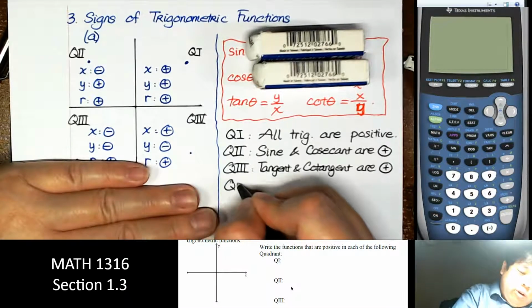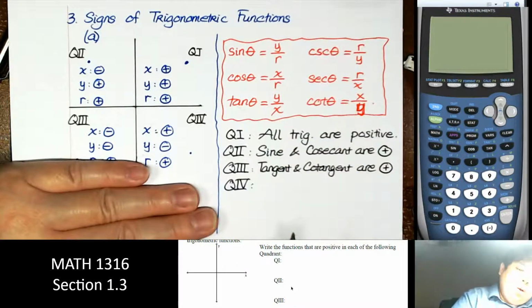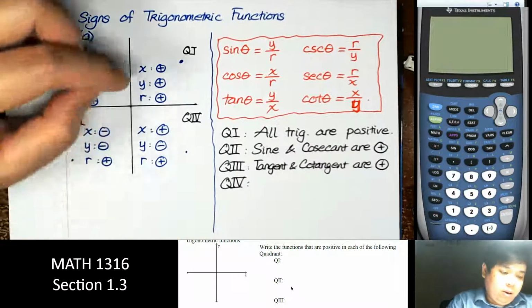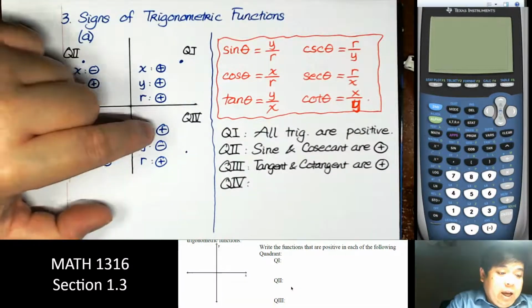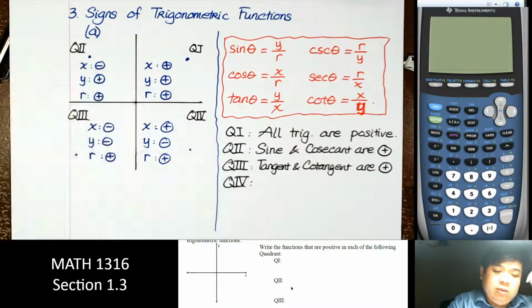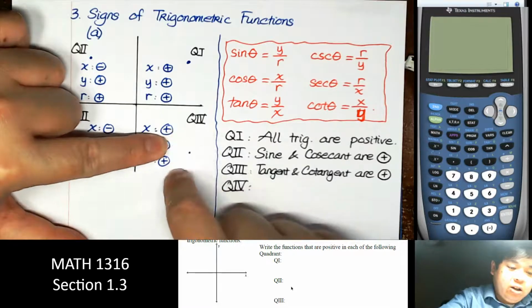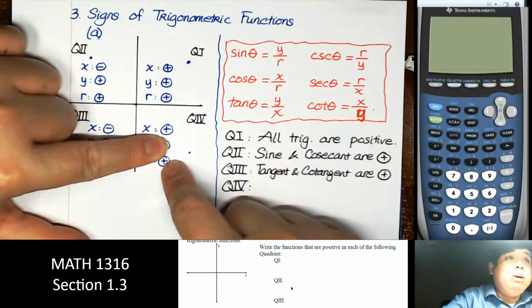And then in quadrant 4, let's see. X is positive, y is negative, r is positive. If we use the ratio that has only x and r, it will be positive, right?